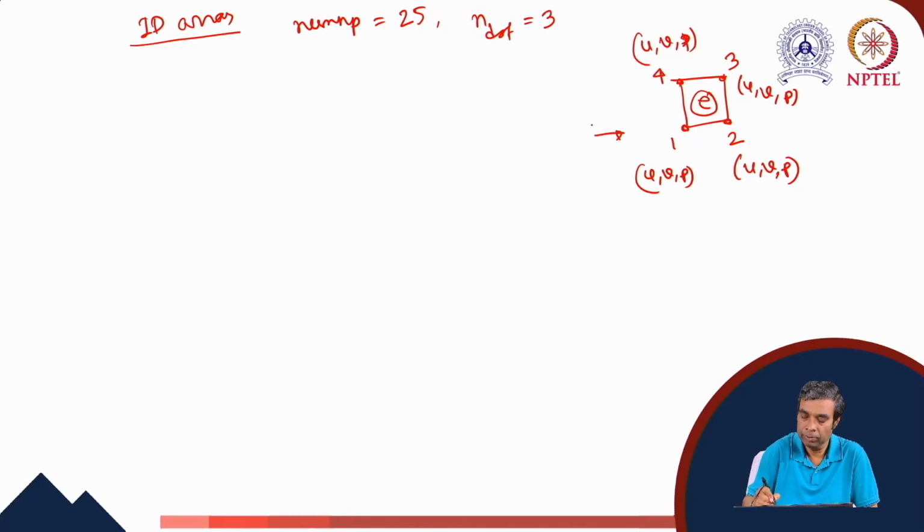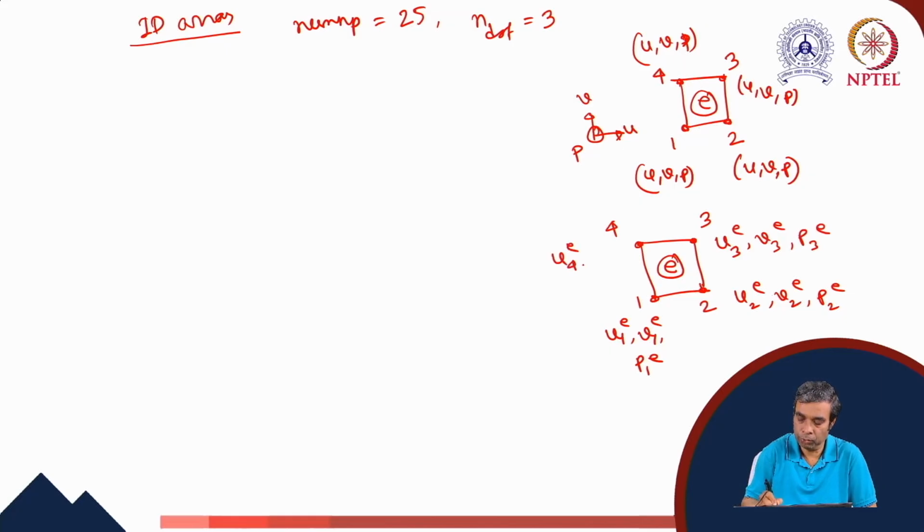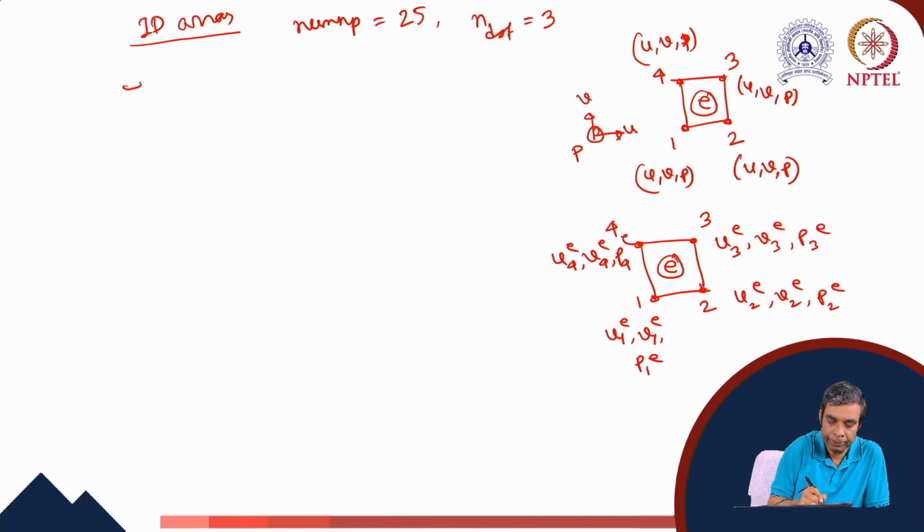So this is U, this is V and this is P. So with this nomenclature, for this bilinear quadrilateral element for local nodes 1, 2, 3 and 4, we have U1e, V1e, P1e, we have U2e, V2e, P2e, we have U3e, V3e, P3e, we have U4e, V4e, P4e.